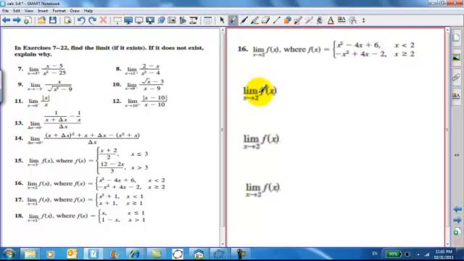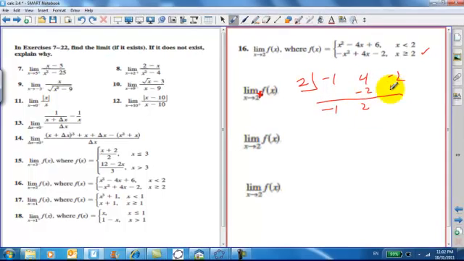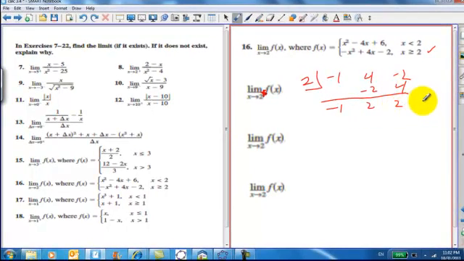If we approach 2 from the right, that means we're going to use values of x greater than 2. So we're going to use this formula. So let's put 2 in a synthetic division, synthetic substitution, see what we get. -1, -2, 2, 4, 2. So in this case, I'm getting the directional limit to equal 2.